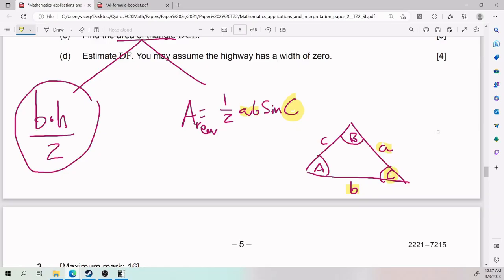Notice that big C is in between the two sides. Whatever you define to be A and whatever you define to be B, you need the angle that is in between them in order to make this work.